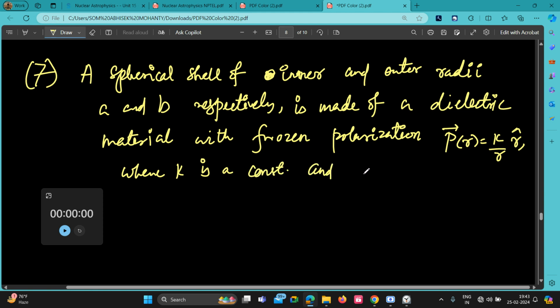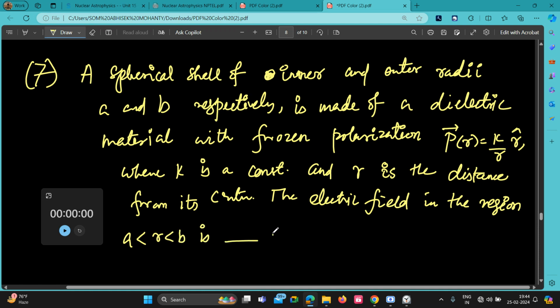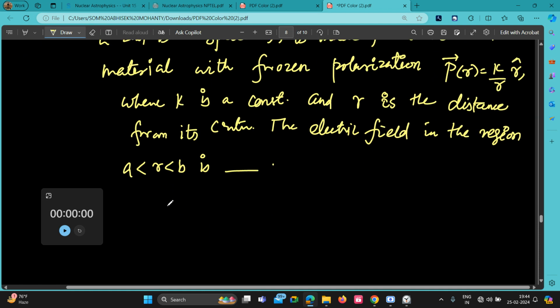and r is the distance from its center. The electric field in the region A less than r less than B is: option A, E is equal to k by epsilon naught r cap.